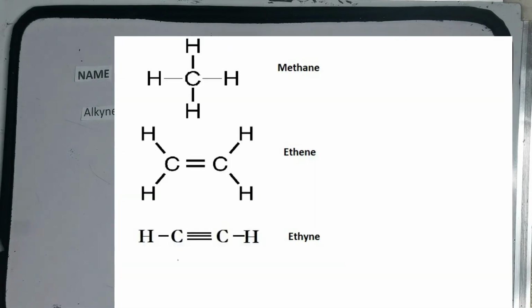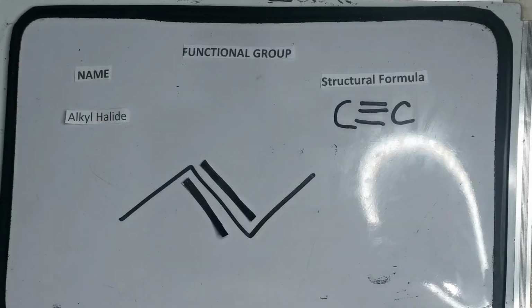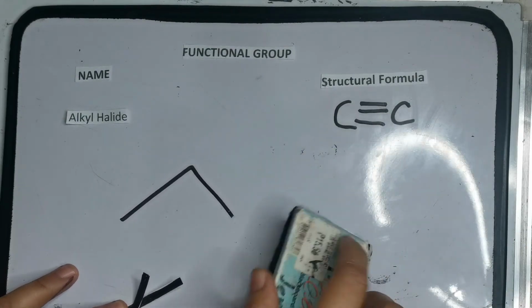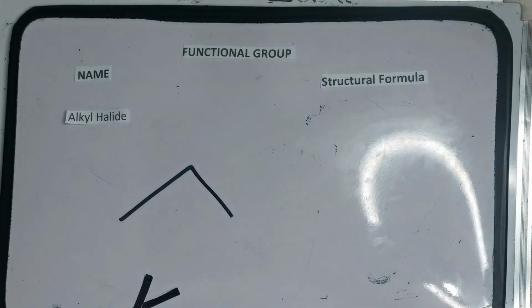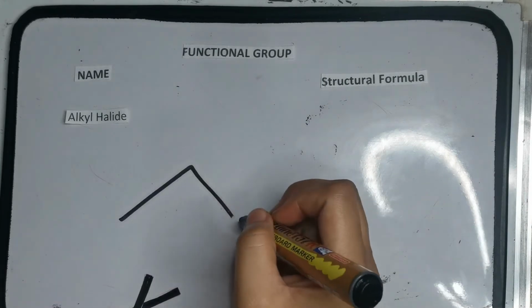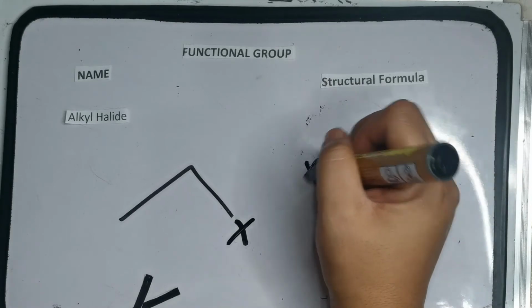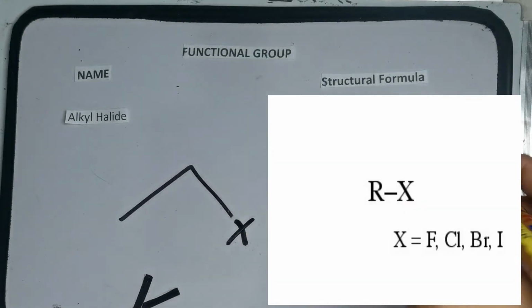So let us go next with the alkyl halide. Alkyl represents carbon and hydrogen. Now, halide represents halogens. So, when we have this kind, we have an X, meaning X can be chlorine or bromine.